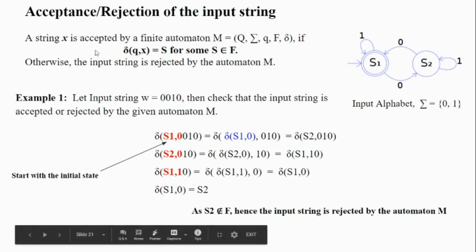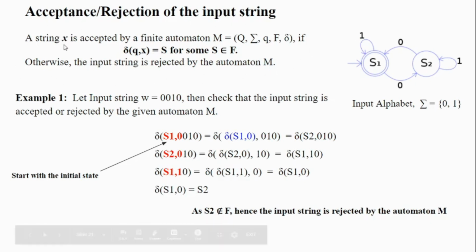Now let's look at the same concept written mathematically. For example, the string is X, then the string will be accepted by the finite automaton M, which is written as a 5-tuple where Q is the set of states, sigma is the input alphabet, q0 is the initial state, F is the set of final states, and delta is the transition function.